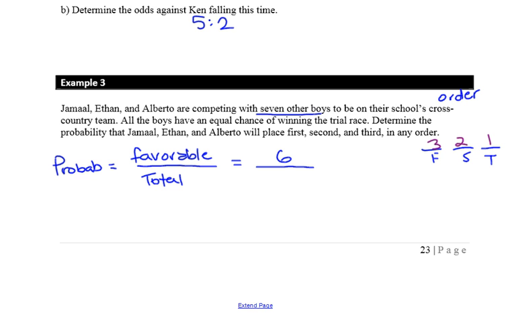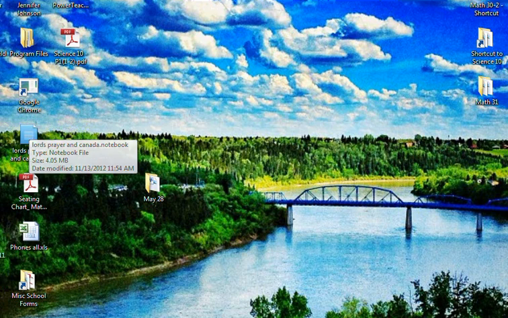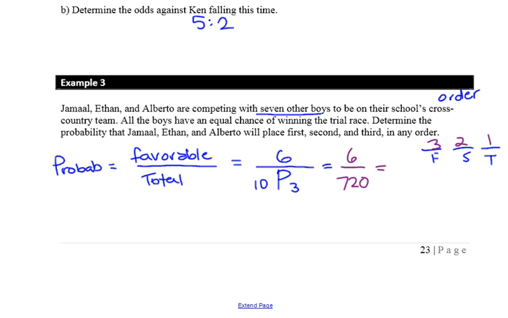So we have 10 total boys, and we want to pick how many? 3, because it's first, second, third. Entering this in our calculator, what's 10 pick 3? 6 over 720, which reduces to 1 over 120.